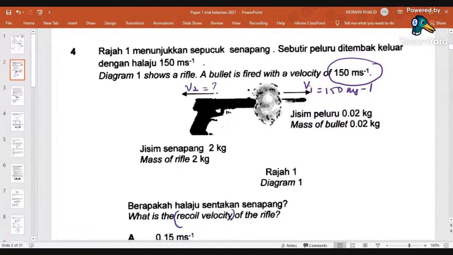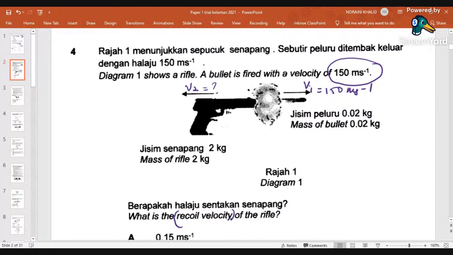Okay. Initially, this rifle and the bullet are at rest. Means total momentum before the bullet is fired equals to 0. Based on principle of conservation of momentum, total momentum before the bullet is fired is equals to total momentum after the bullet is fired.